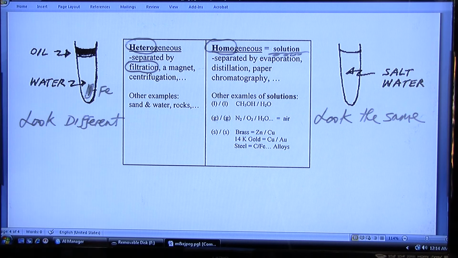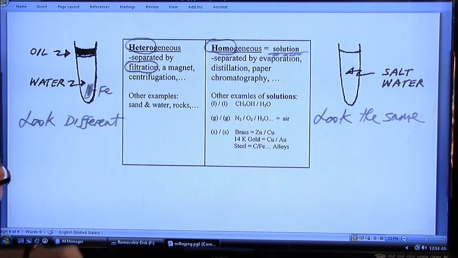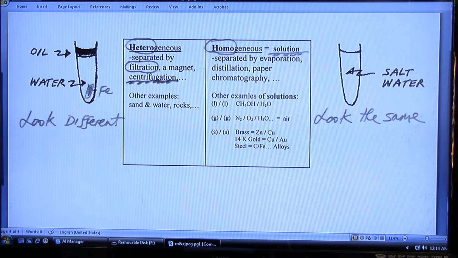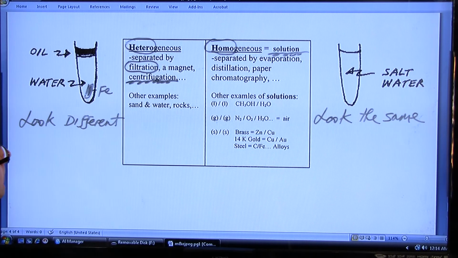Or if you had a sample of dirt water, you could spin that sample of dirt water down and separate its components in a centrifuge, and the more dense components would end at the bottom of the test tube, and less dense components would be towards the top. So centrifugation is a separation based on density.